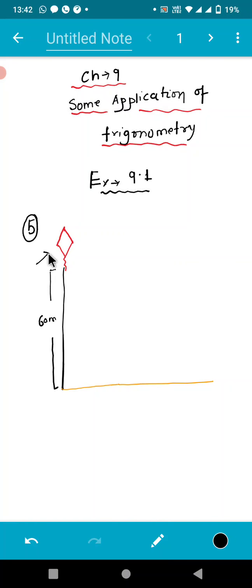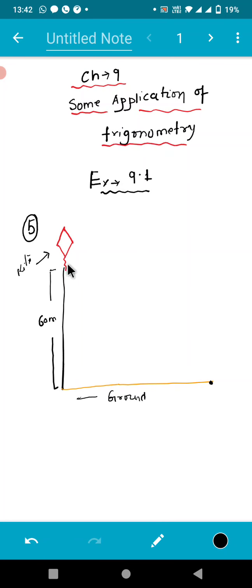Fine. So this is a kite, and this level is a ground, right? So this is a ground, students. Now let's move on to the next sentence of the question. The string attached to the kite is temporarily tied to a point on the ground. Now suppose we have one point here. From this point a kite is attached with the help of a string.